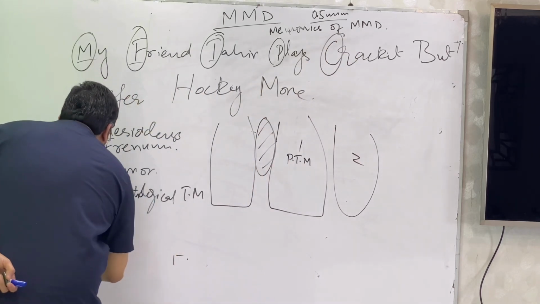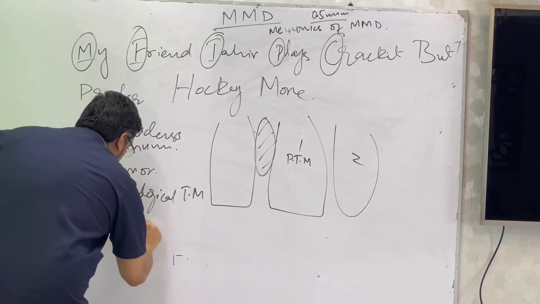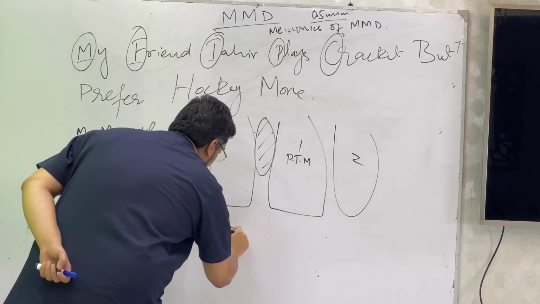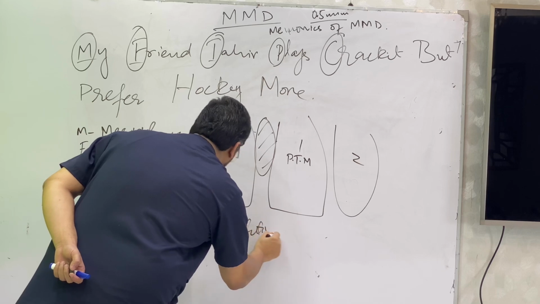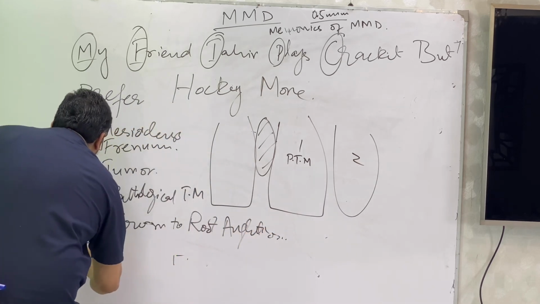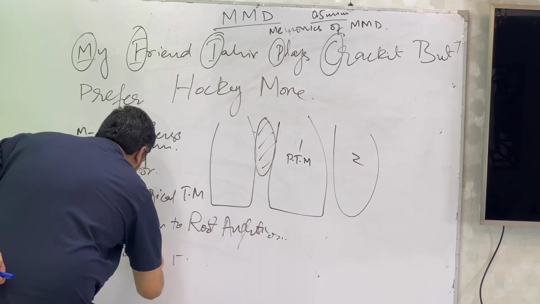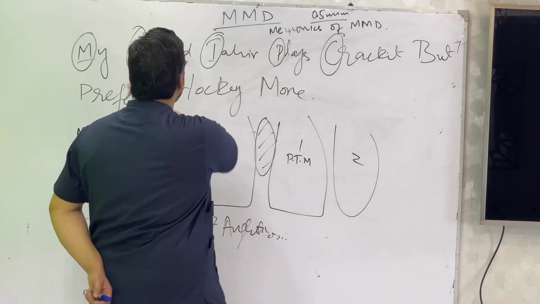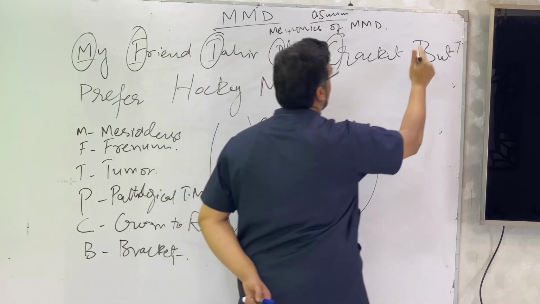Then we talk about the crown to root angulation. Then B stands for bracket positioning. We discussed it in the last clip. My friend Tahir plays cricket but.